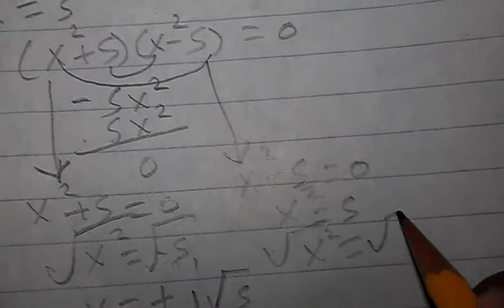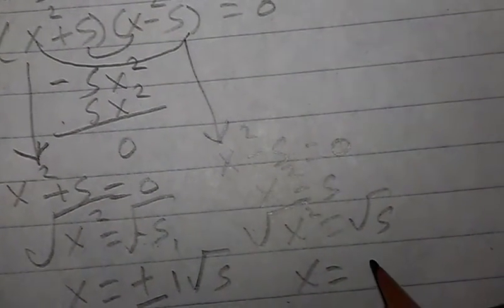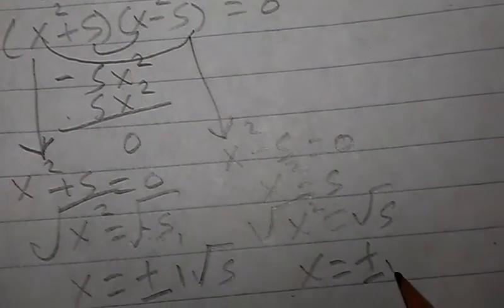And in this case, I have x squared minus 5 equals 0. X squared is then equal to 5 when we add 5 on both sides, and taking the square root of x, I'm having that x is then equal to plus or minus the square root of 5.